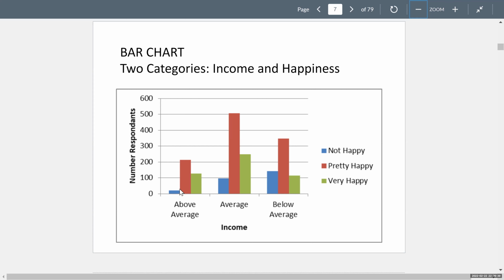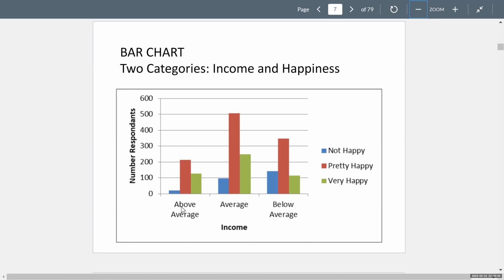Above average incomes, we have more people very happy compared to not happy. And that is also the same for average incomes. When we get to below average incomes, that pattern is flip-flopped. So we have more people who are not happy compared to very happy. Right, so this overall pattern shows us that money doesn't buy happiness in general.